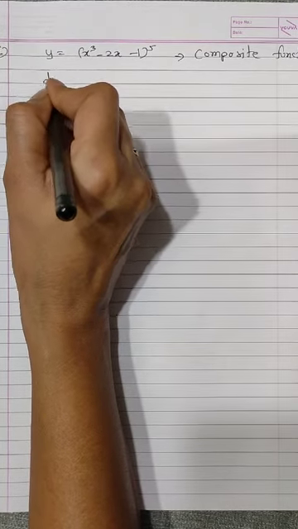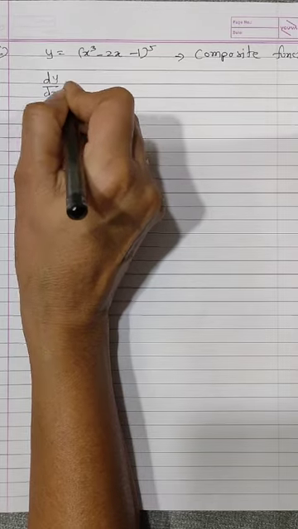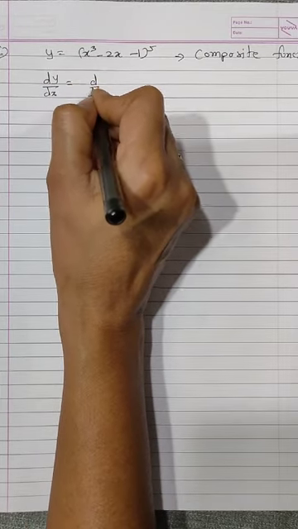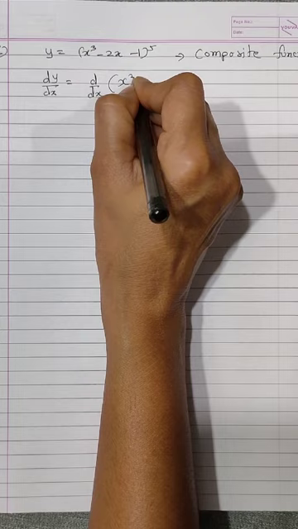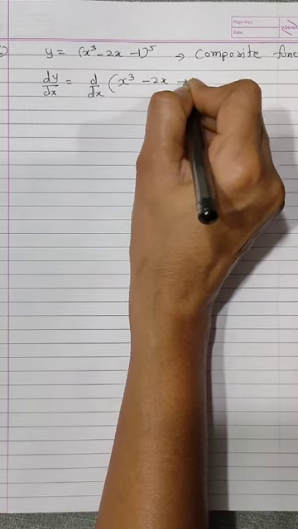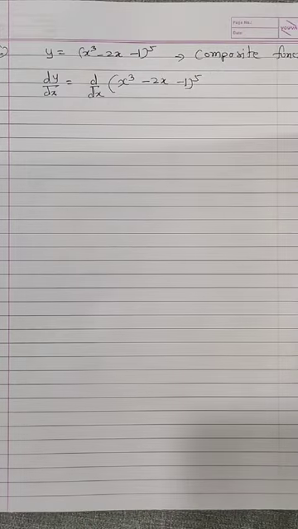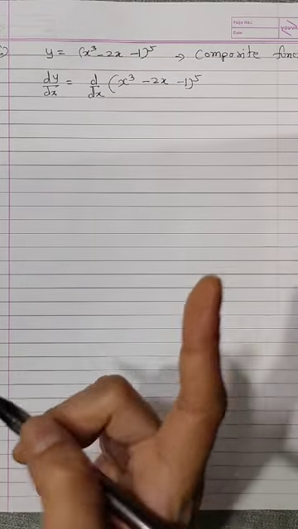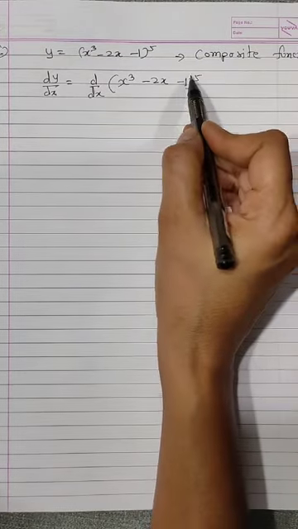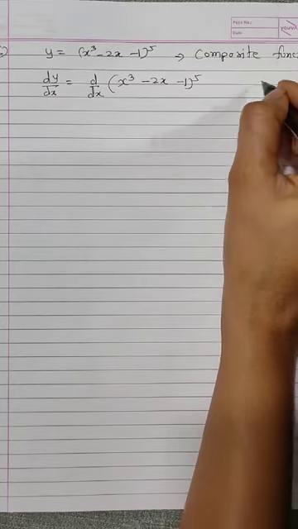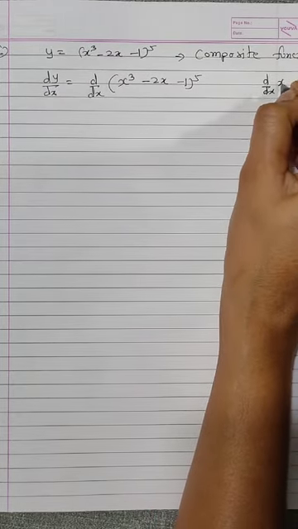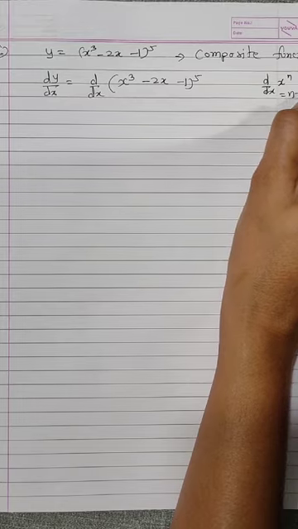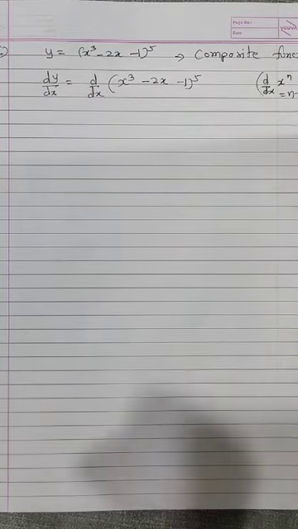Differentiation of y with respect to x will be dy by dx. On right hand side, derivative of x cube minus 2x minus 1 raised to 5. Now first of all, it is function of function, so which function we have to consider first. Now see the power, it is 5, so we have to apply here derivative of x raised to n, that is nx raised to n minus 1.